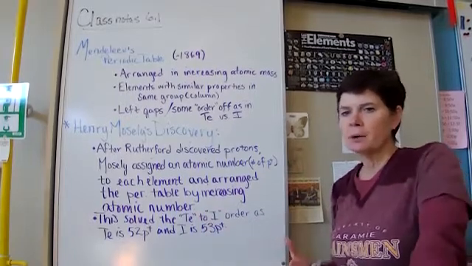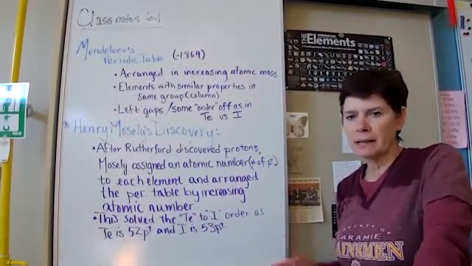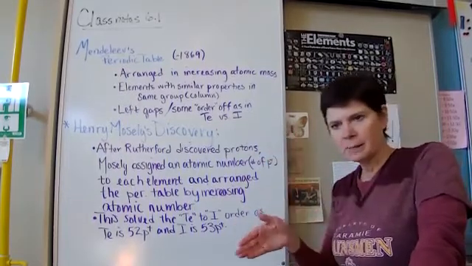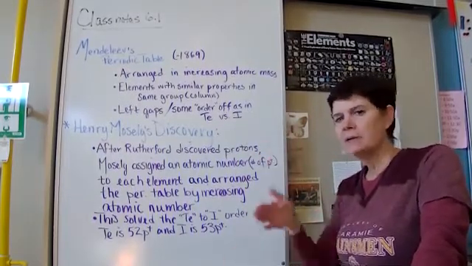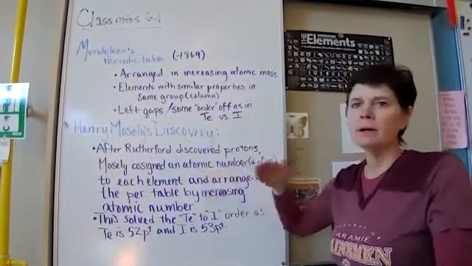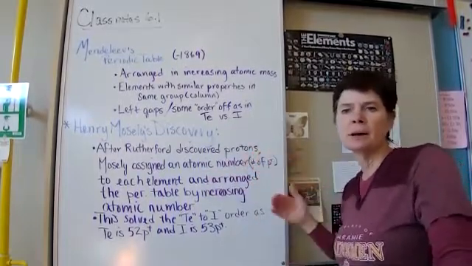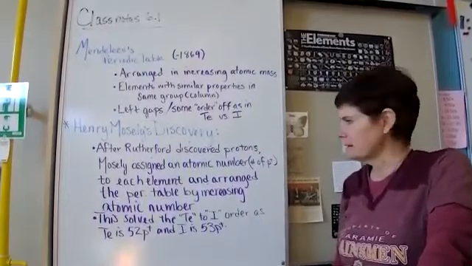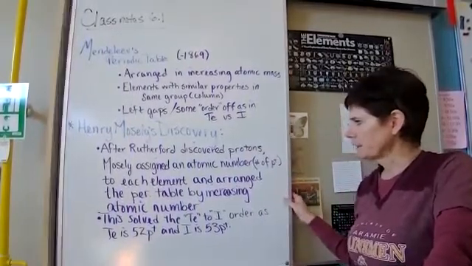That was a really important understanding because our current periodic table starts with element number 1, hydrogen, and then goes to element number 2, helium, and increases by number of protons, which is this atomic number, until we get to the number of protons for the largest element, which in this case is 118 protons. Okay.